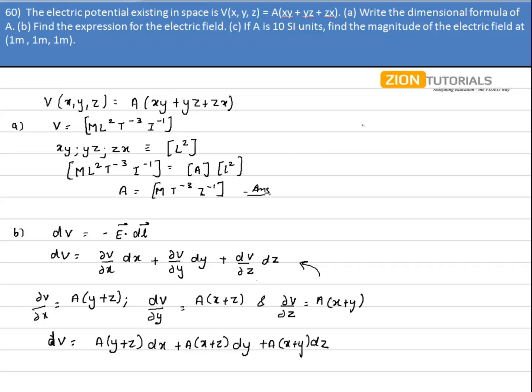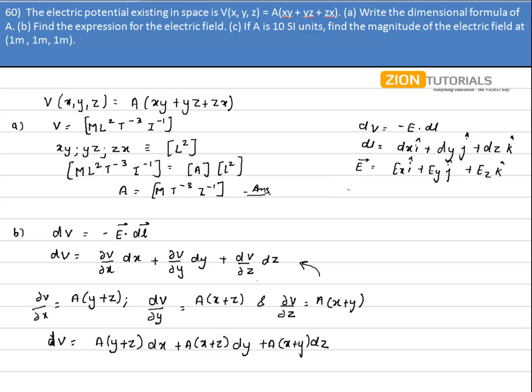Now we know that dV is minus E dot dl. Here dl is dx i cap plus dy j cap plus dz k cap, and the electric field can be written as Ex i cap plus Ey j cap plus Ez k cap.